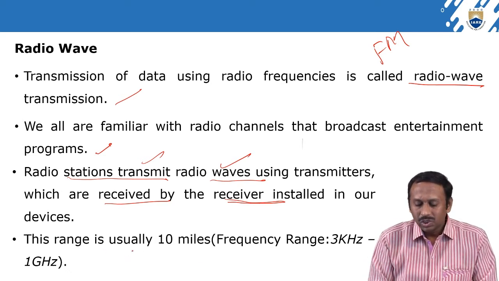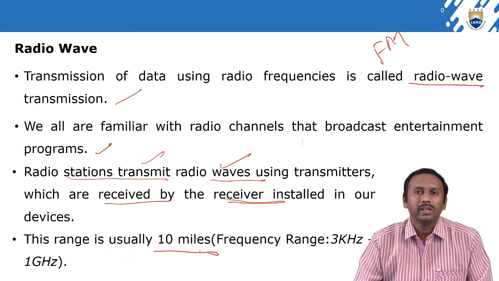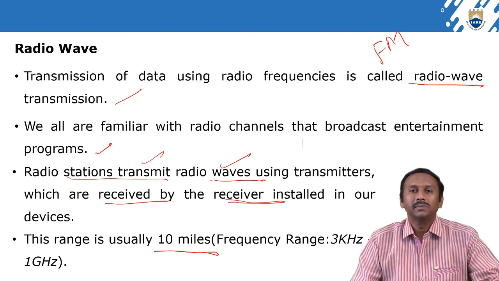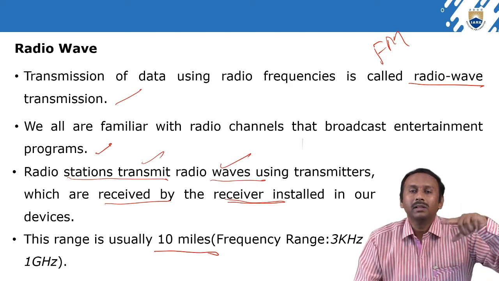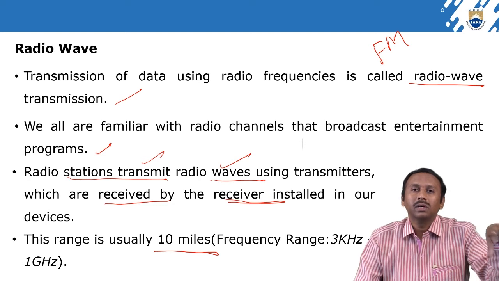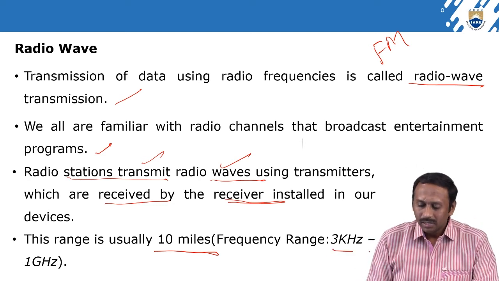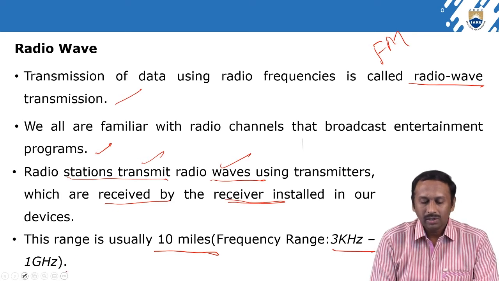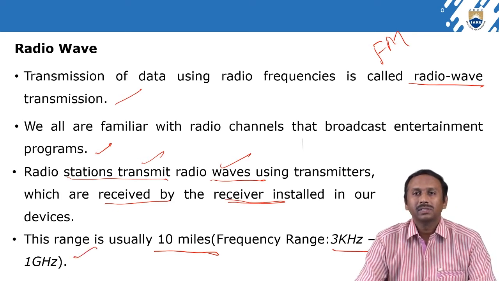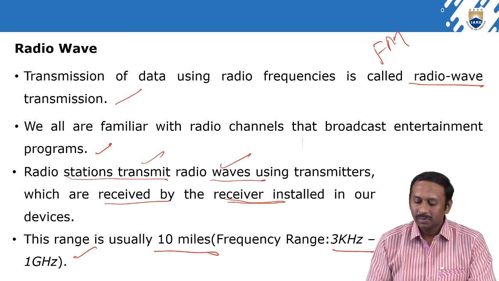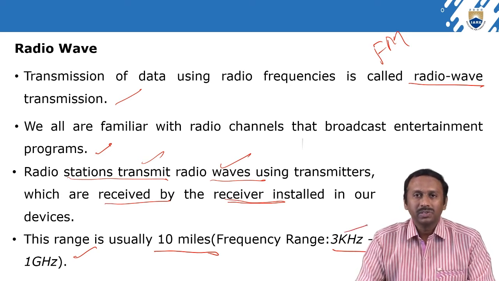And this range is usually 10 miles. That means if one radio station is there, the radio waves spread over the surrounding 10 miles, right? The frequency range is 3 kilohertz to 1 gigahertz. Please remember this radio frequency range, right?